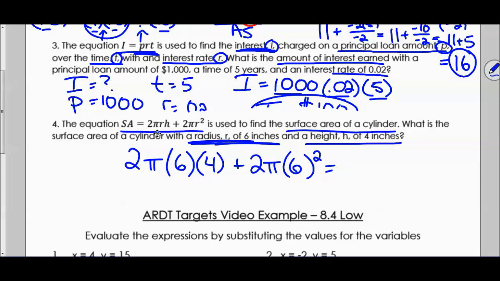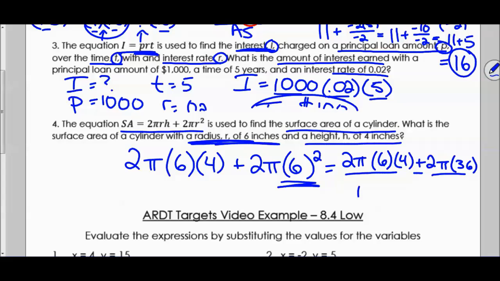Alright, so we're going to follow order of operations. We're going to do the exponent first. We're going to square this 6 first. That's going to give us 36, so it's now 2 times pi times 6 times 4 plus 2 times pi times 36. Alright, now we have a bunch of multiplication, addition, and then a bunch more multiplication. We're going to do each of those multiplications separately. We're going to multiply out 2 times pi times 6 times 4.